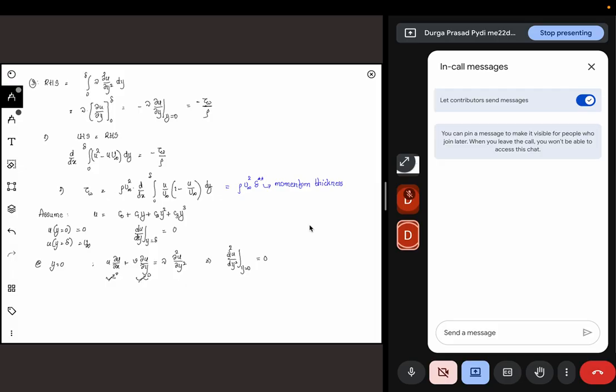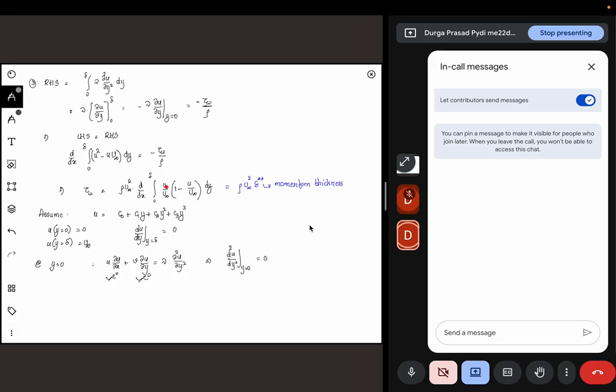Now the problem reduces to finding this particular velocity profile, and eventually from there getting tau w. If I know u by u infinity, I'll be able to find tau w. But as I said before, this is just one equation, so we'll be able to solve for at most one variable. So what we will do now is express u by u infinity and tau w, both of them, as a function of delta, and solve for delta.